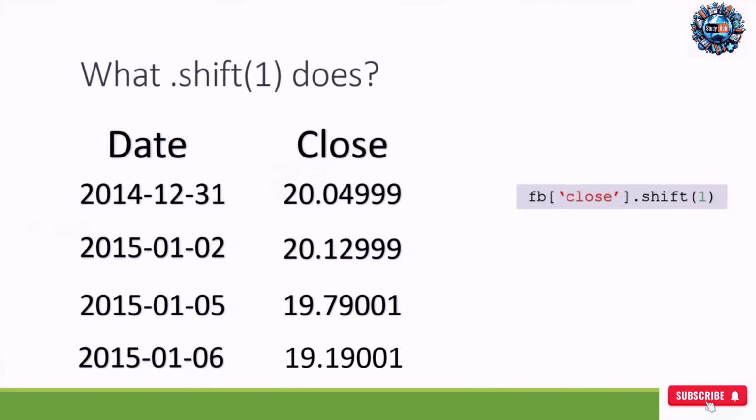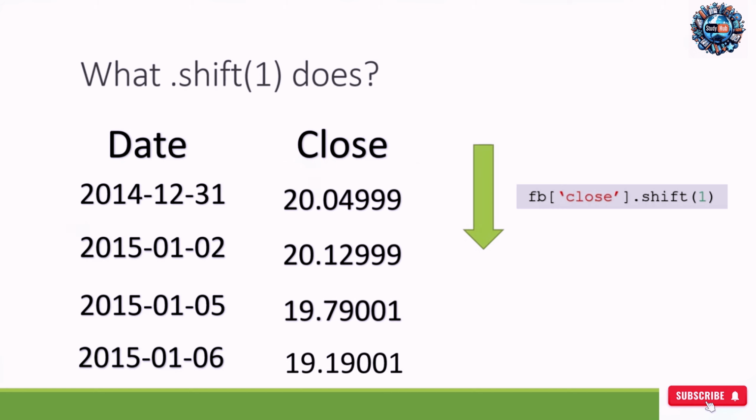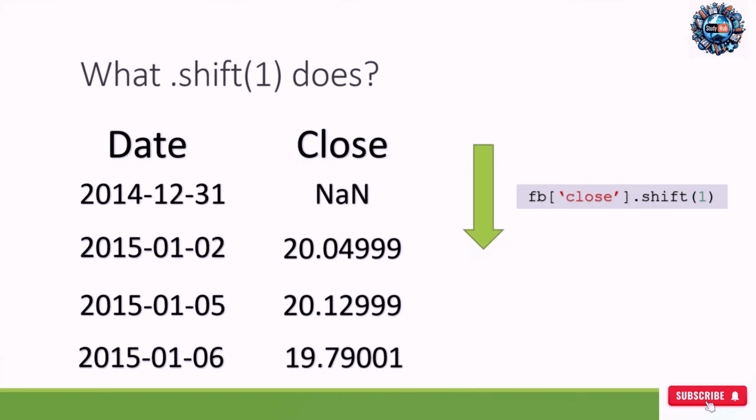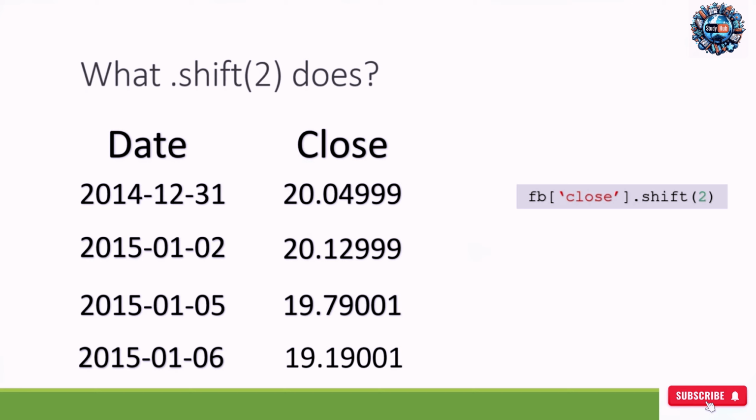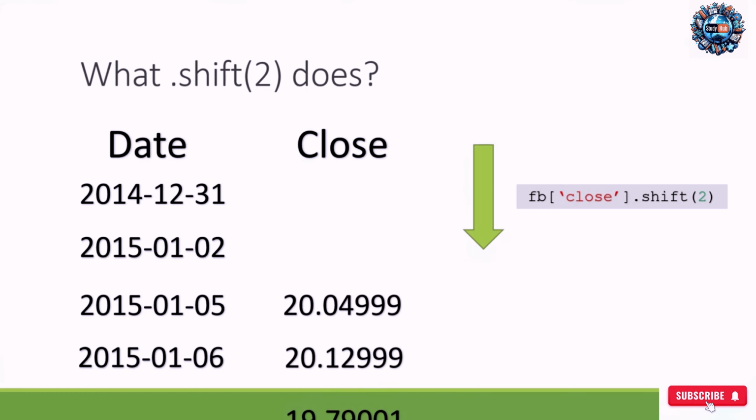Let us take a close look. What is shift 1? Shift 1 is to shift the whole column downward by one row. Hence, at any given row or day, the shift close price, in fact, is the close price of yesterday. What is shift 2? It shifts the column of close price downward by two rows, which gets the close price 2 days ago.